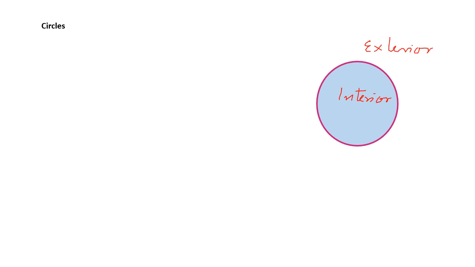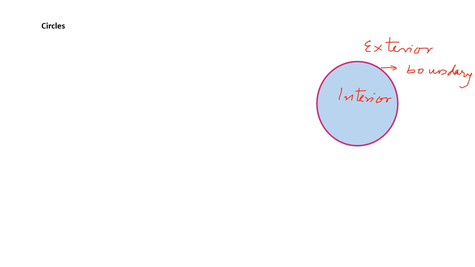You've already learned about circles. This is a circle. In the circle, you have already learned about regions. This is the interior of the circle. In the first portion, I told you interior. Then you have the exterior, and this violet line is known as the boundary of the circle, or on the circle.